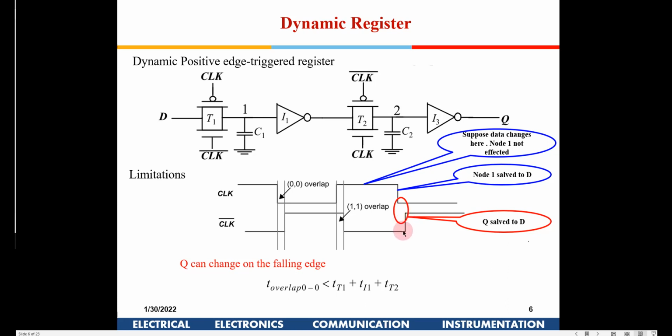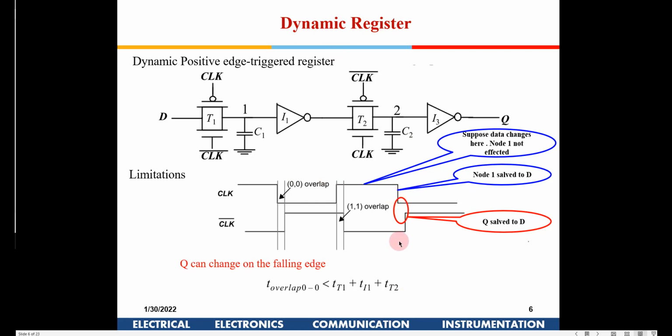During this time, this is also transparent. So if you keep these three delays combined more than this particular jitter time, then this negative sampling at the negative edge of the clock can be avoided.